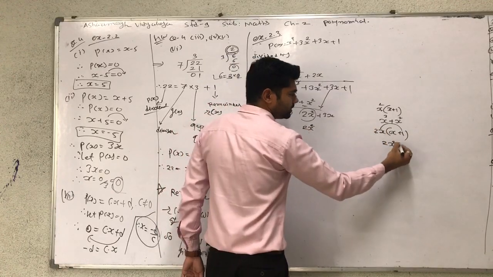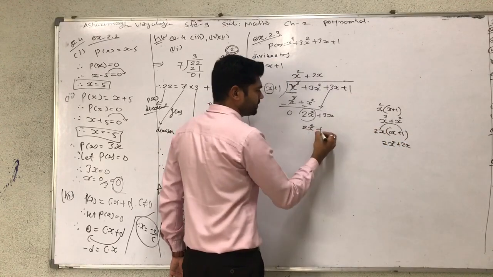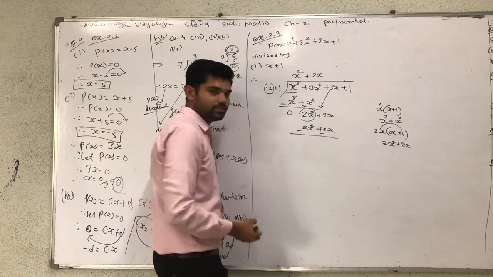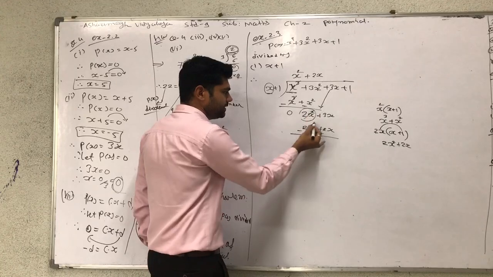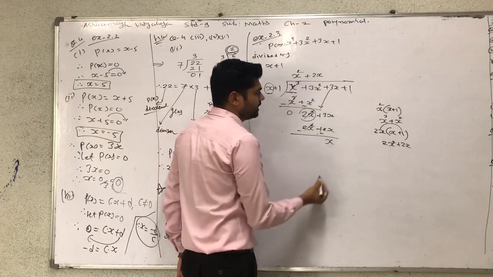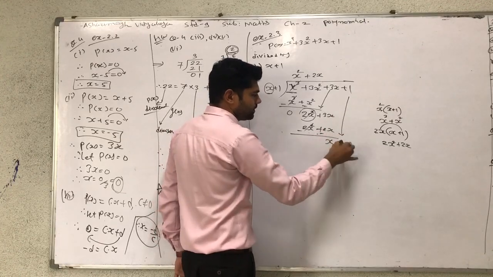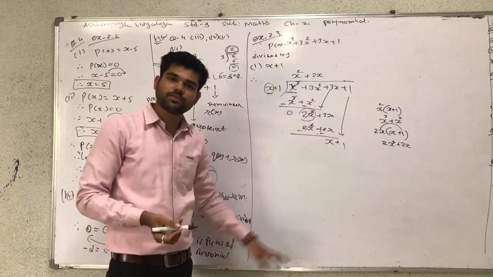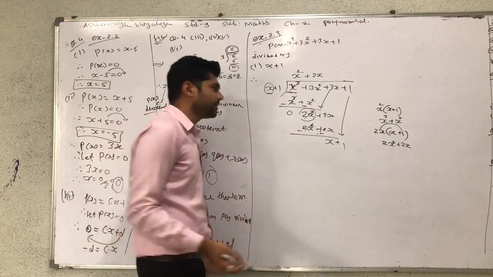Now 2x into 1 is plus 2x, so down part 2x. Now same sign will be changed, minus positive converted into minus. Same this term will be cancelled. 3x minus 2x, it means only x plus 1. Now this x plus 1, this also x plus 1, both are similar, so multiply by 1.